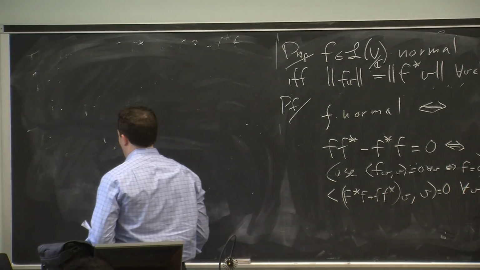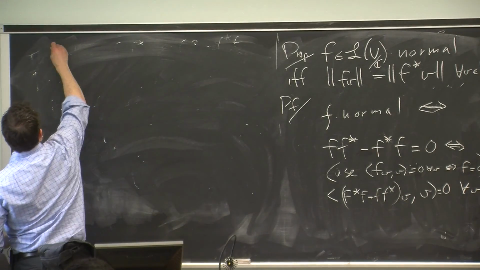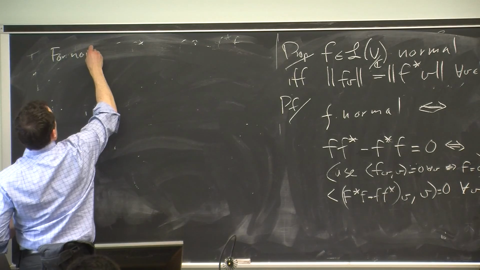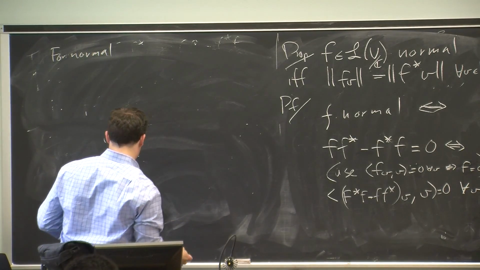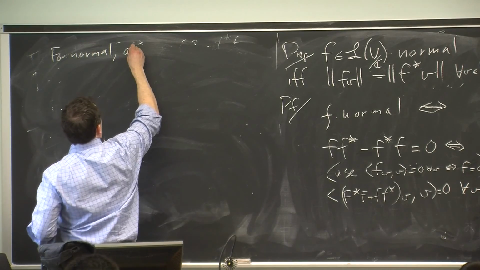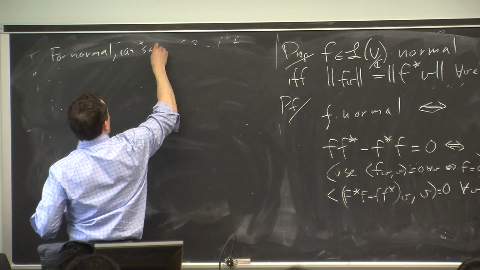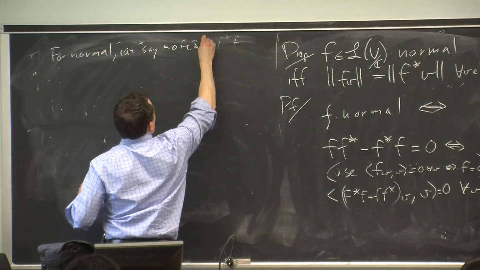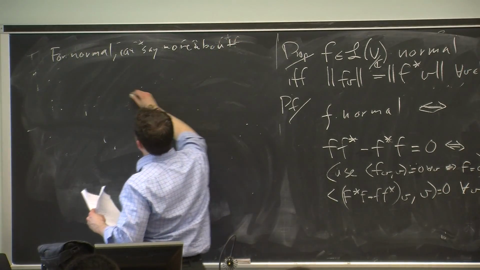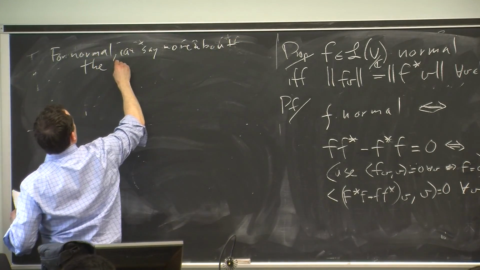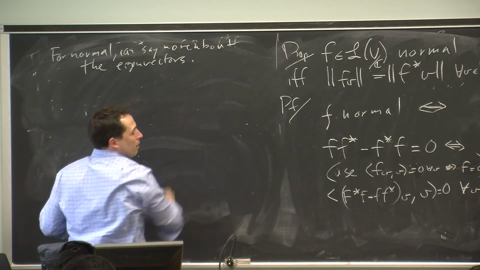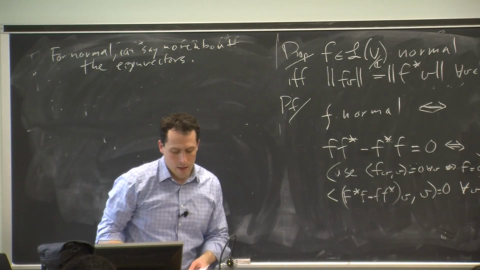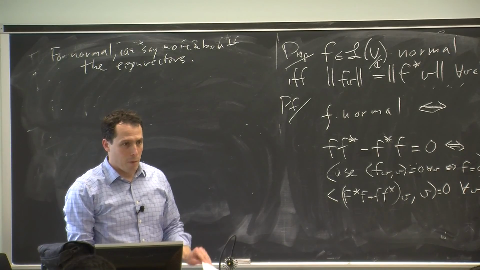For self-adjoint and also for normal operators in general, we can say more about the eigenvectors. That last statement doesn't come with any guarantee that the eigenvectors are related, but we can do that in the context of normal operators.